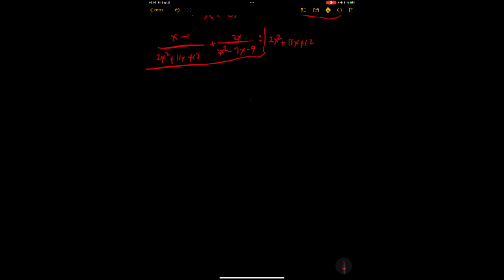So what do we have here? I'm going to expand the 11x, so I'm going to do 2x squared plus 10x plus x plus 12.